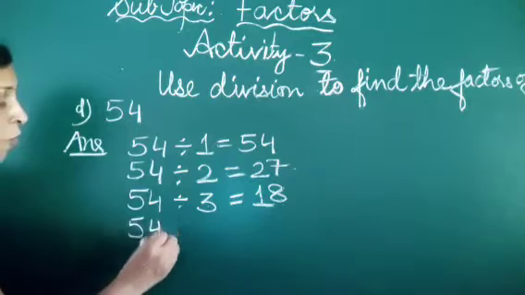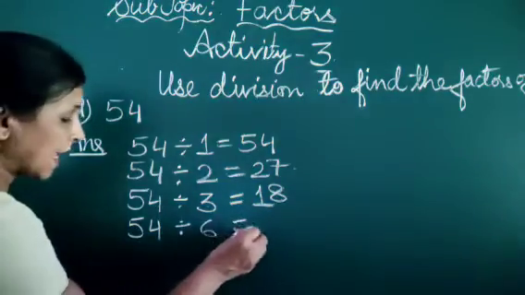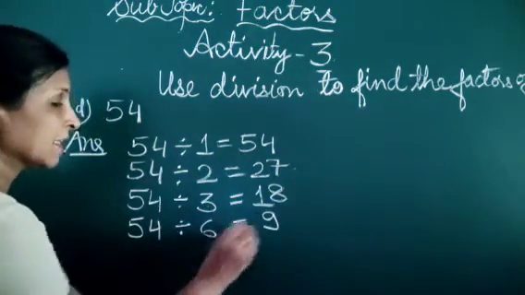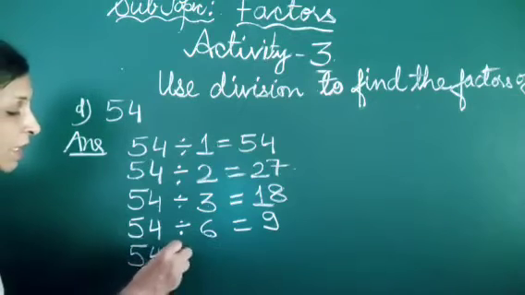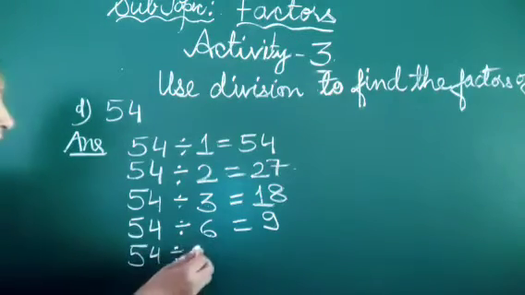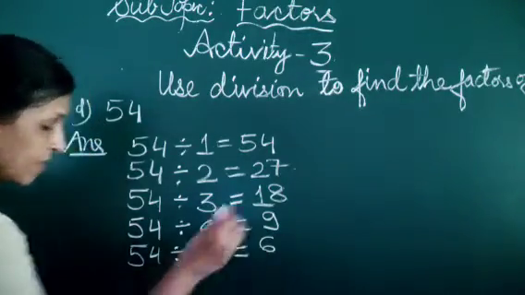Then 54 is divided by 6, then 9 comes. 6 9s are 54. Then 54 is divided by 9, then 6 comes.